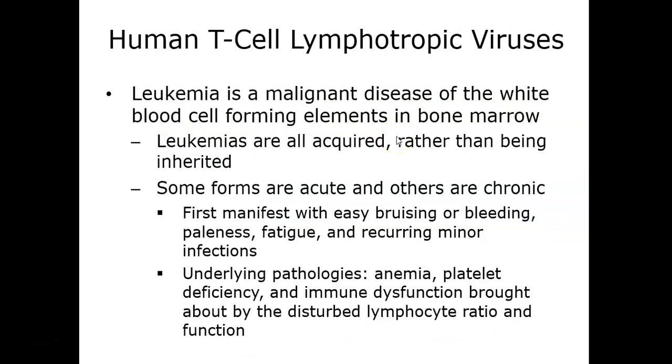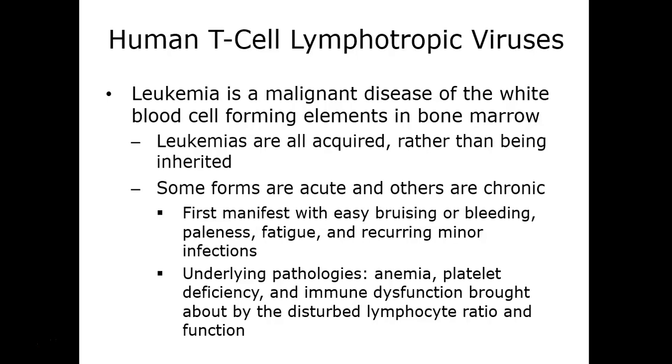All right, let's talk now about the HTLV, or human T cell lymphotrophic viruses, such as HTLV1, which is responsible for adult T cell leukemia. It's a malignant disease of the white blood cells in the bone marrow. And all of these leukemias are acquired. There are no inherited leukemias.